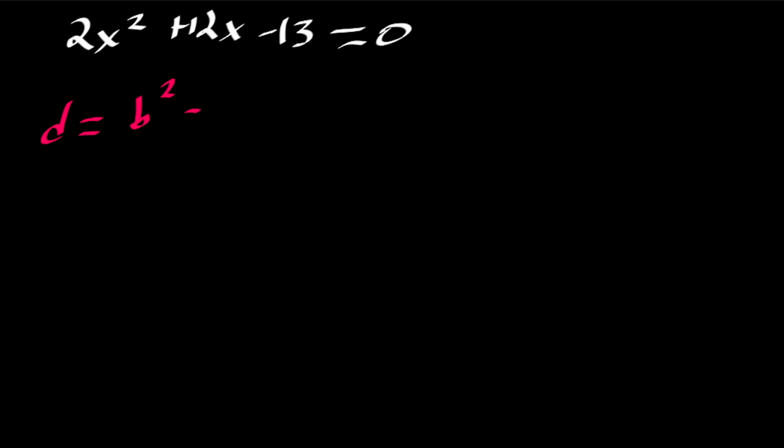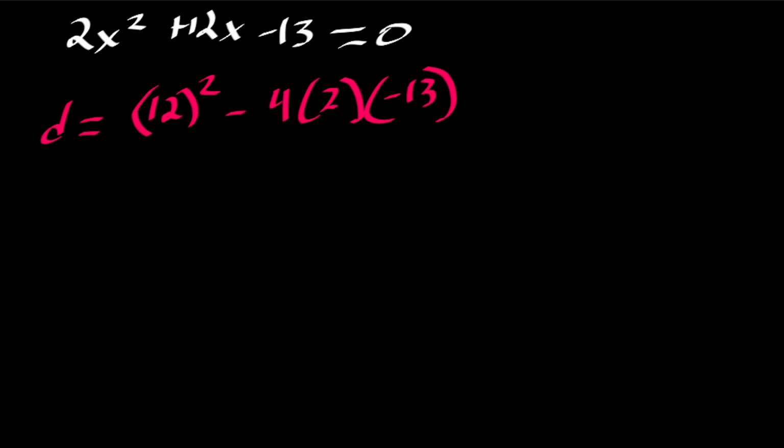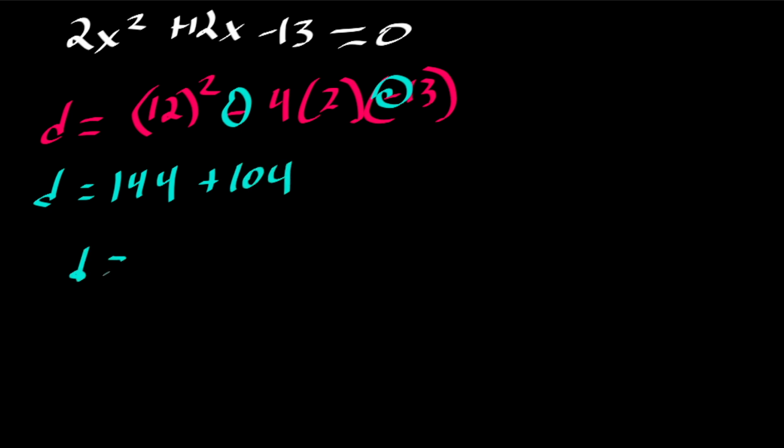For us, b is 12, so 12 squared minus 4 times a, which is 2, times c, which is negative 13. That gives me d equals 144 plus 104, because the two negatives make a plus. So d is going to be equal to 248.